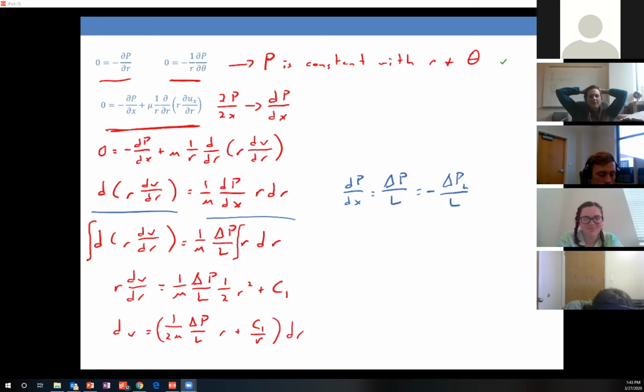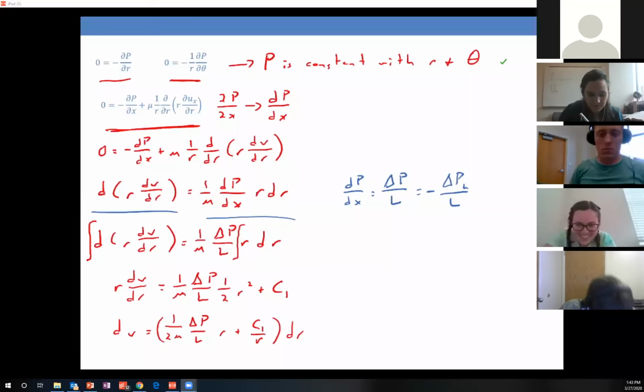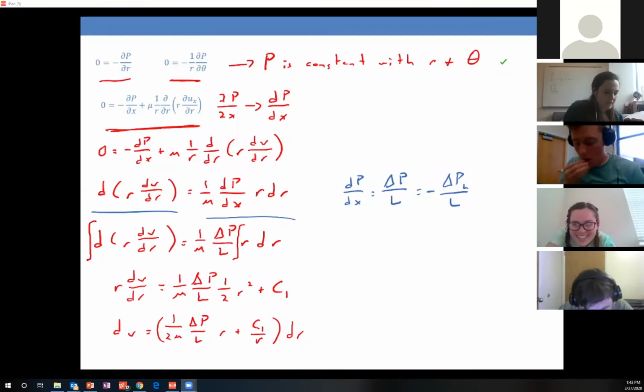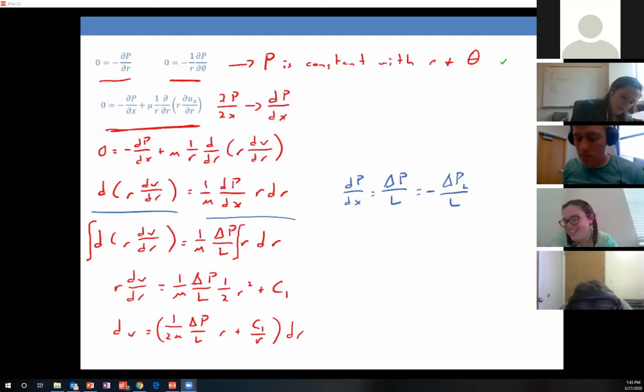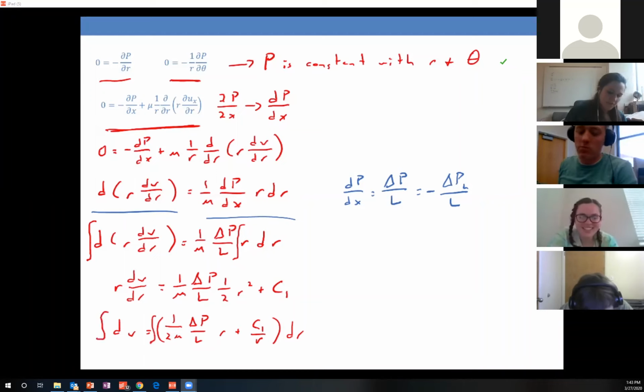Again, this is separate and integrate. So I want dv on one side, dr on the other side, and I want to make sure that r is over there on the dr side or the integration will not work. If there is a v, you would have to go over on the left side. Okay, we're cool though, and we can integrate, integrate, integrate.